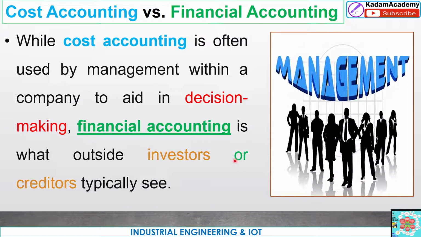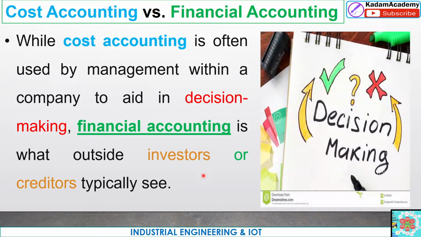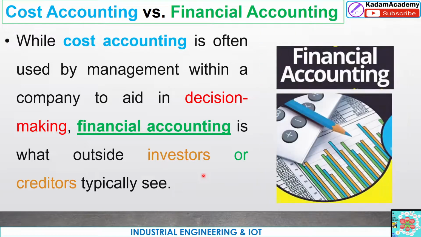So dear friends, while cost accounting is often used by the management within a company to aid decision making, financial accounting is for those outside, such as investors and creditors, who are also helped to know the condition of the industry. They can take decisions based on the financial accounting or condition of that industry.